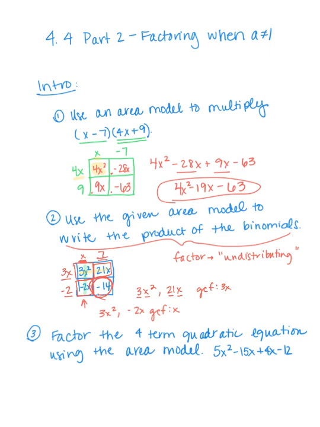Okay, so now that we have figured out what the dimensions of our box are, we can write this as a binomial. Okay, so we're just going to go backwards, and we're going to write this as x plus 7 as a binomial and 3x minus 2 as a binomial. So we've got 3x minus 2 times x plus 7, and it doesn't matter what order you write those in. So I just wrote it backwards than what I said it.